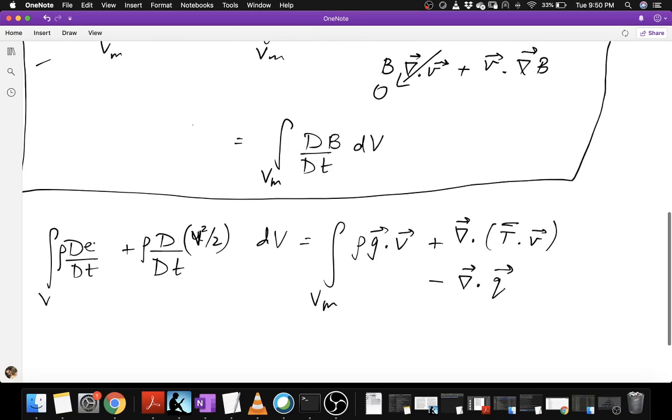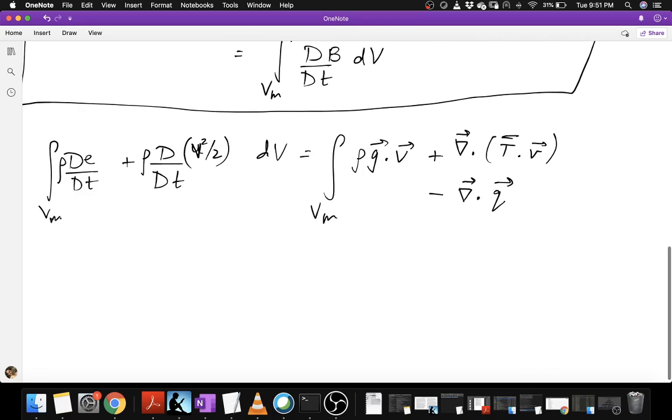Yes, and there we have it. Note that, as it should be, the energy equation is entirely a scalar equation, E being a scalar, V square being the scalar magnitude of the velocity, and everywhere we have a vector dotted with a vector, the divergence of a vector, and the divergence of a tensor dotted with a vector, which gives us a scalar. So everything looks consistent as it stands.